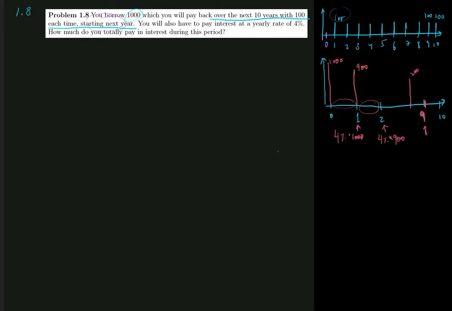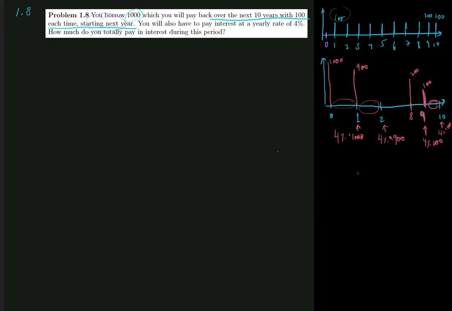So here you pay another 4% interest of the amount of 200 that was left from year 8. And then you have 100 left, and because you have 100 at your disposal during this time period, at time 10, you have to pay 4% multiplied by 100.